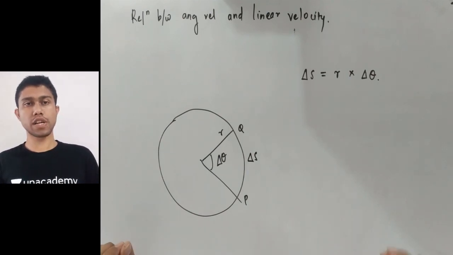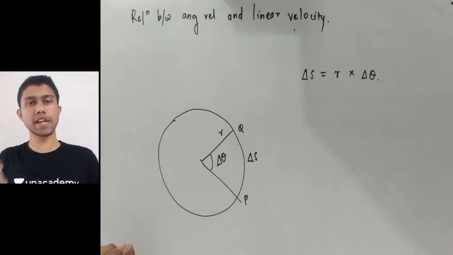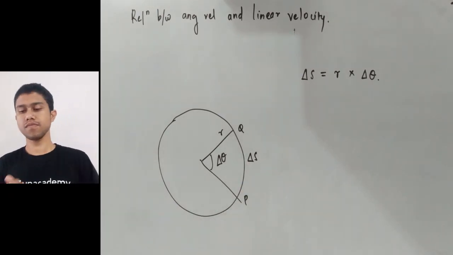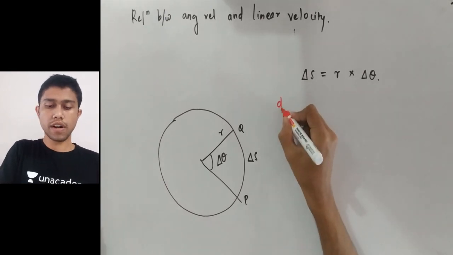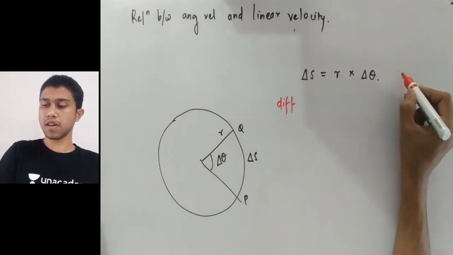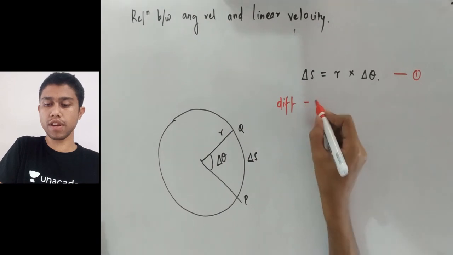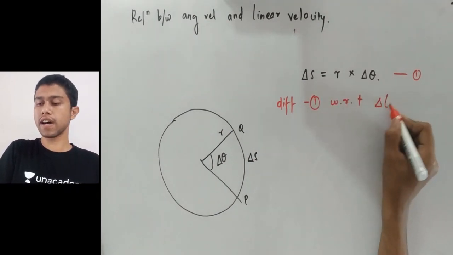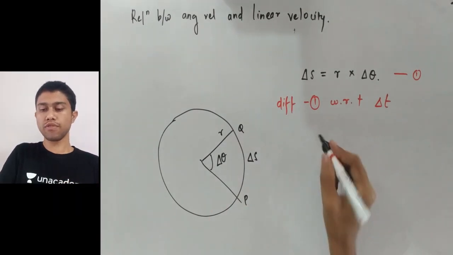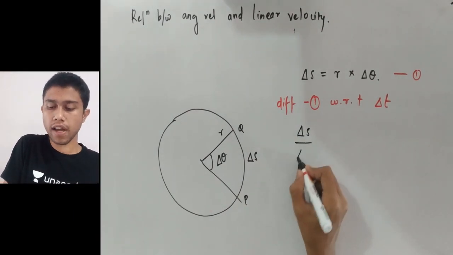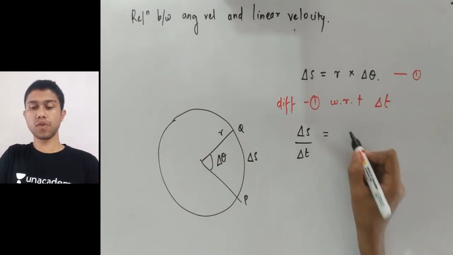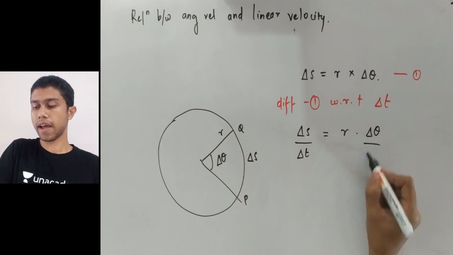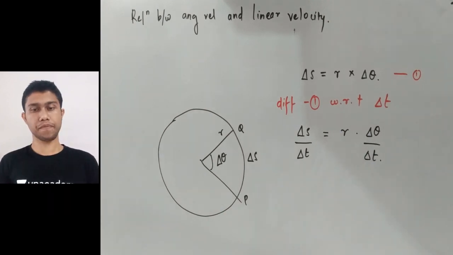What we will do is we will differentiate this whole term with respect to delta t. So I'll write differentiating expression 1 with respect to delta t. So what we will get is delta S by delta t is equal to r, which is a constant, times delta theta by delta t.